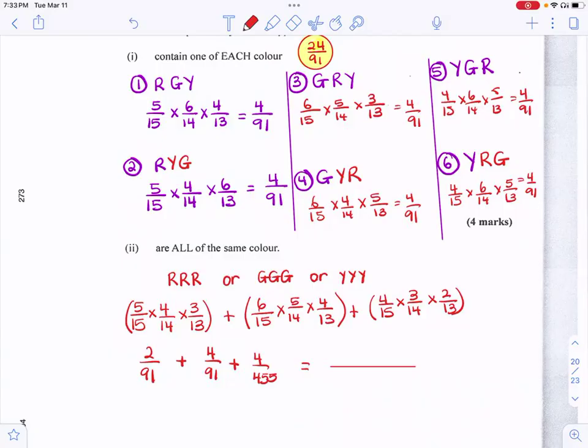Okay, is there a function in the calculator that can interchange between decimal and fraction? Yes, ma'am. All right, so you could use that. So the answer is 34 over 455. Did you all get that?